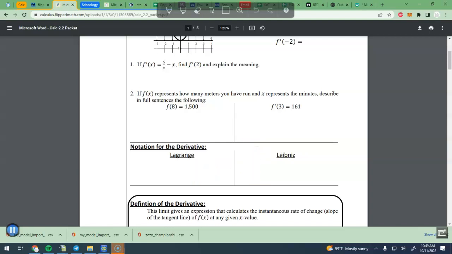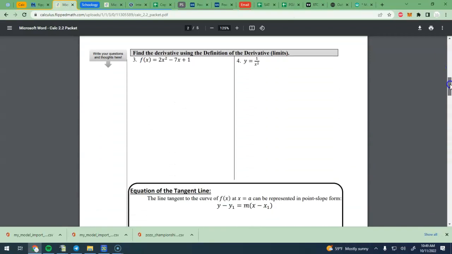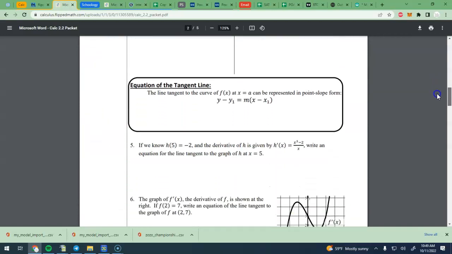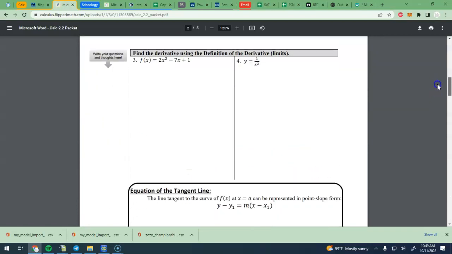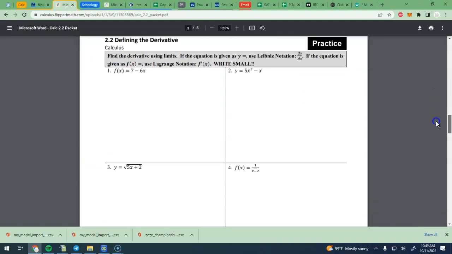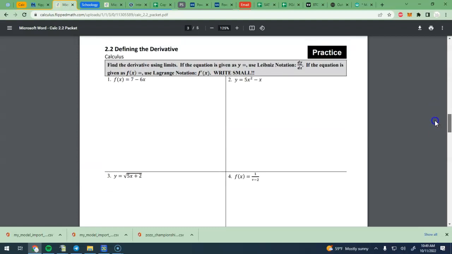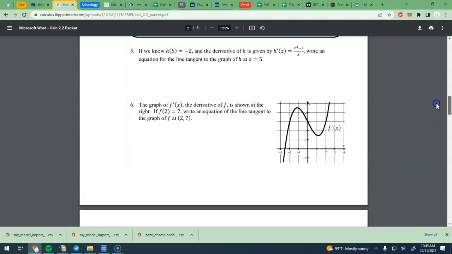But alright, so the next big thing in here is the tangent line problems. So again, you do not have to do numbers 1, 2, 3, and 4 here in his work, or 1, 2, 3, and 4 in the actual practice, because those are different.